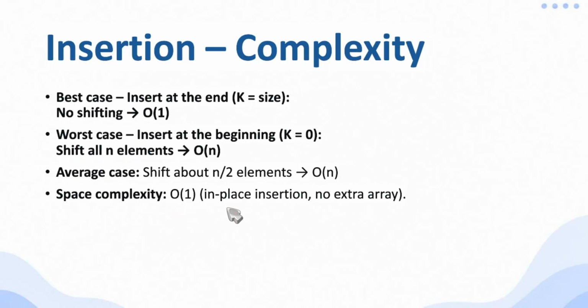We are inserting in place, so no extra array is needed. So we can say insertion is cheap at the end but expensive at the beginning or middle. If you need frequent insertions at arbitrary positions, an array might not be the best choice. Consider a linked list. We will be discussing it later.